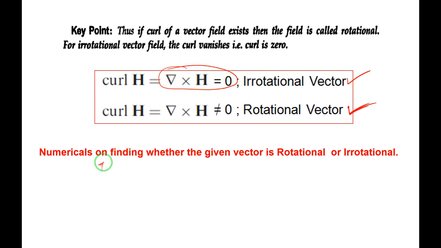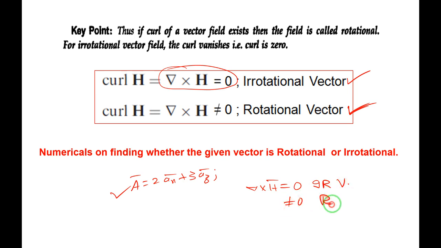Some numericals will be given on this. I will give some vector A, 2ax plus 3az, and ask whether this vector is rotational or irrotational. So you have to find del cross A. If it is equal to 0, then it is an irrotational vector. If it is not equal to 0, if it has some value, it is a rotational vector.